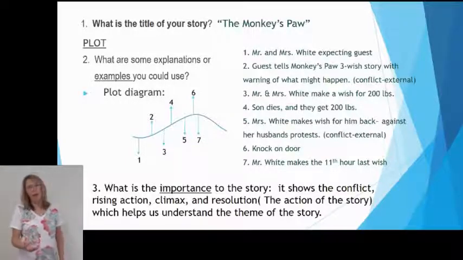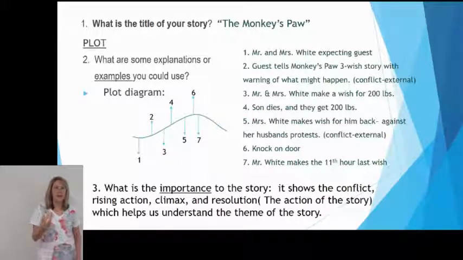So we lay out a plot diagram once we've read our story, and we try and evaluate step by step how that plot unfolds. And that's what they're asking you for.